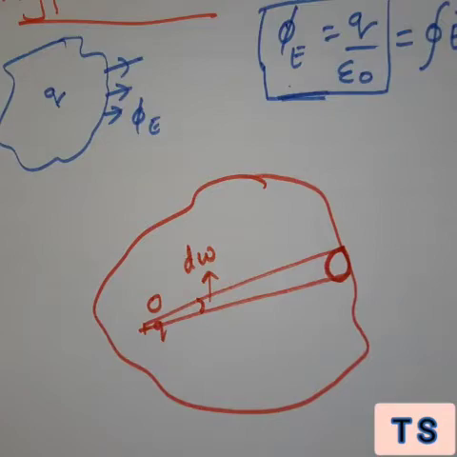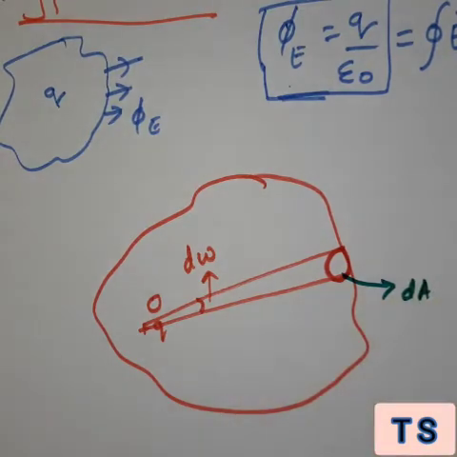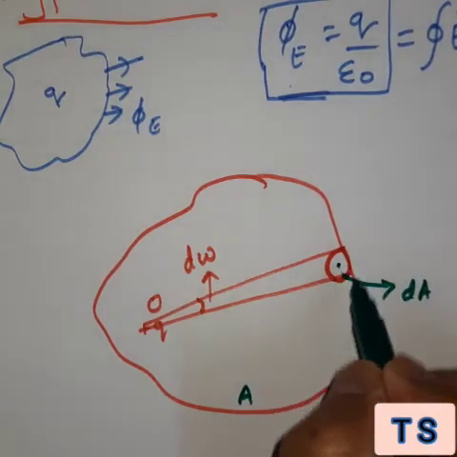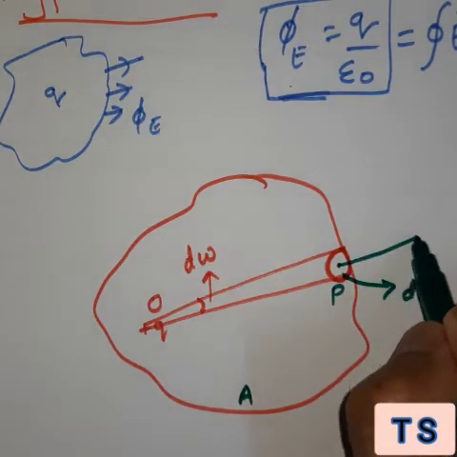Now let's say that we take a very small area over here, and this is my small area dA of a whole area of a body A. Let's say that the point in between here is P. Then my electric field will always be normal to the surface.